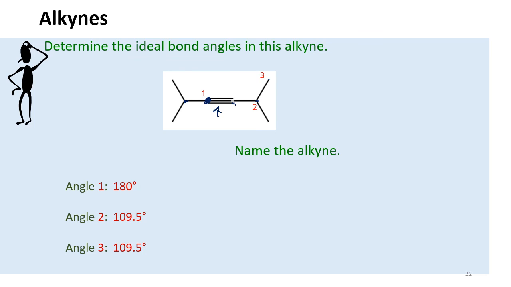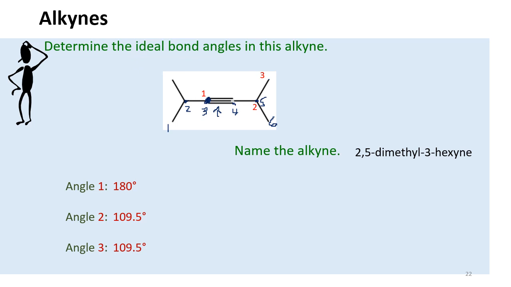I have to find the longest chain that contains both atoms of the triple bond. And if I start counting from either side, I end up running into the triple bond at the 3rd carbon. So just count from this side, 2, 3, that would be a 3-hexyne, 4, 5, 6.